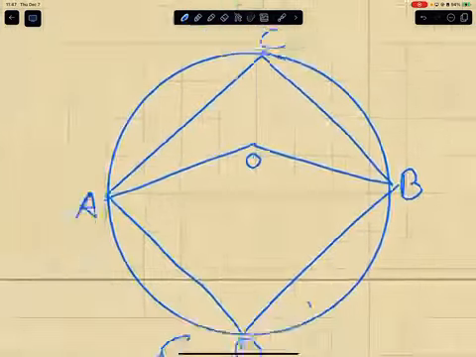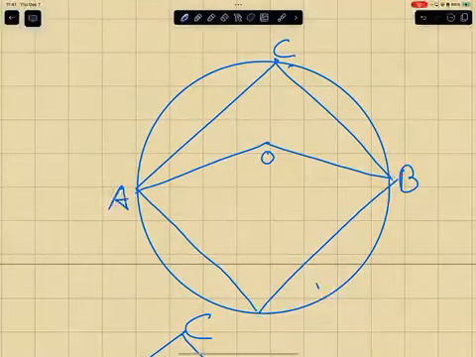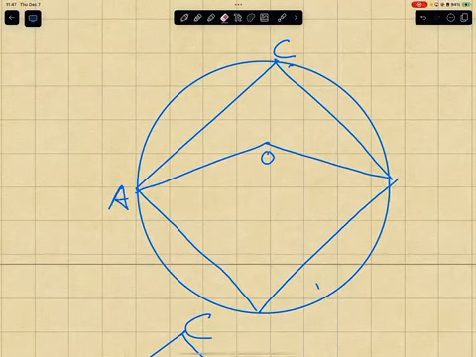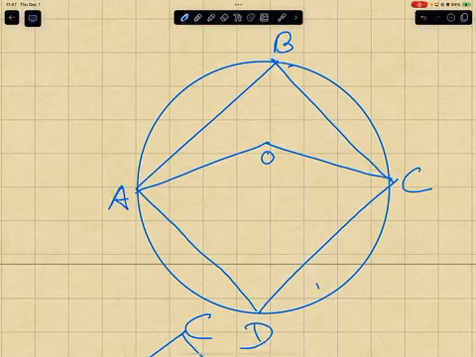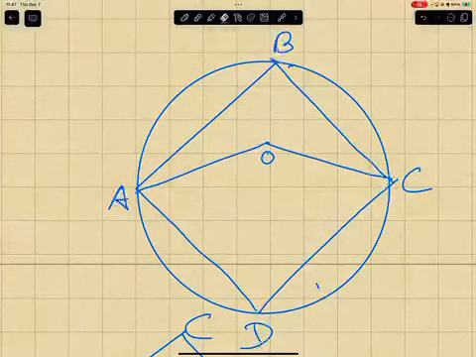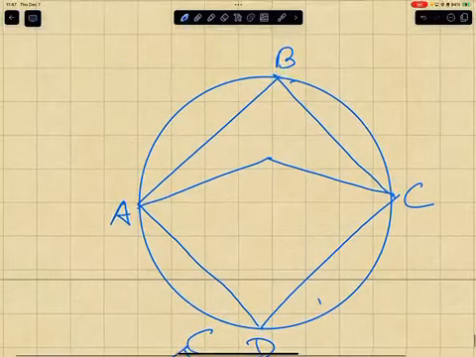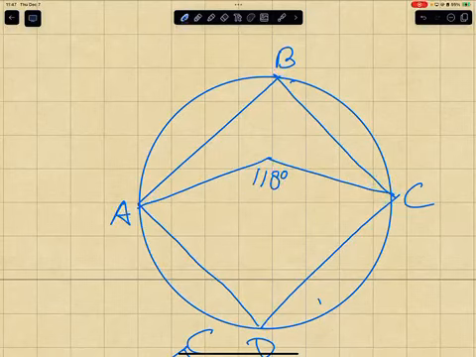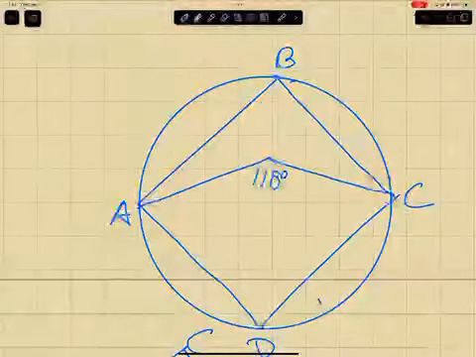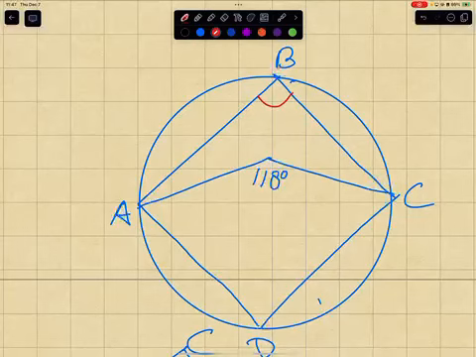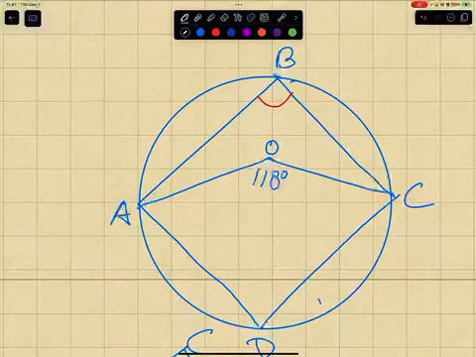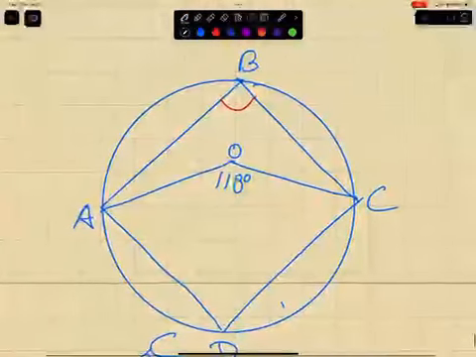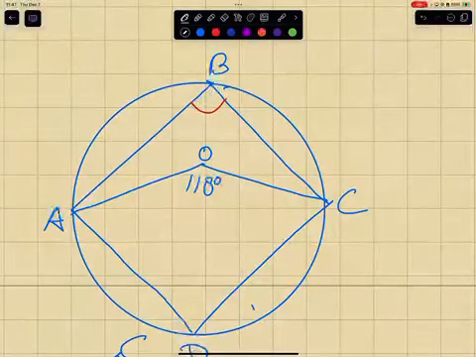So, C and D. What was the first rule? If this is 118, the angle of B is half of the angle of O. You have to know also how to write it.